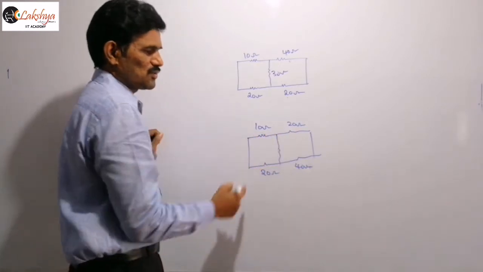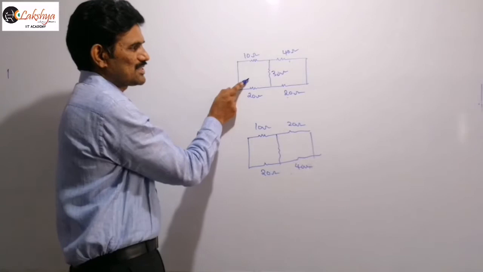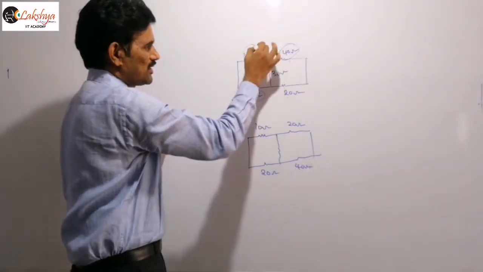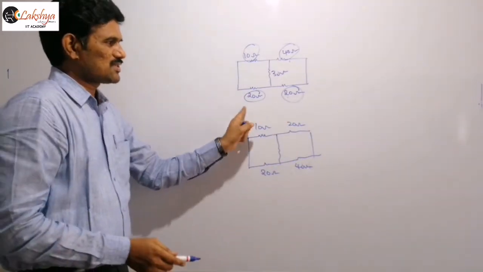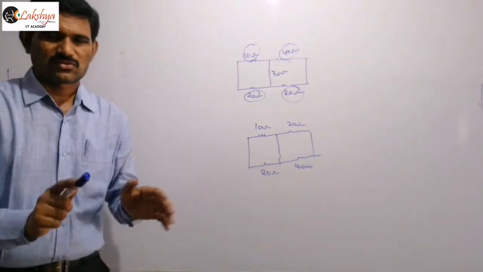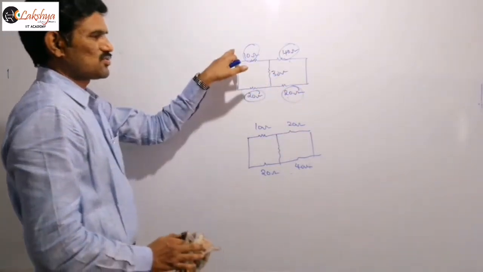So then P by Q is 1 by 2 you will get, R by S is also 1 by 2 you will get. Now you can't take this circuit as shifted symmetry, because here resistance and here resistance, or here resistance and here resistance is not same. So when these two resistors must be same and these two resistors must be same, then only we can consider this as a shifted symmetry. So got it?